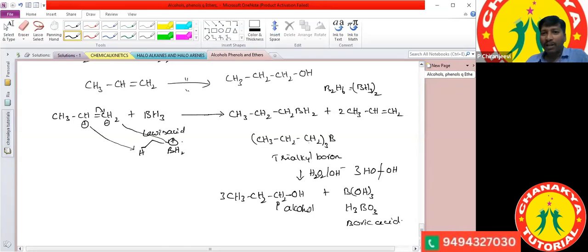Now, what is meant by the anti-Markovnikov rule? According to the anti-Markovnikov rule, the negative ion attaches to the carbon which has more hydrogen atoms in an alkene.